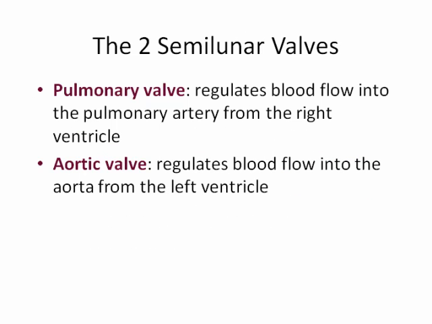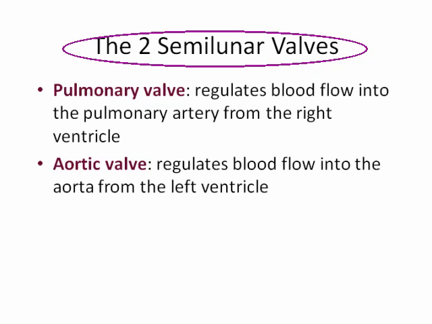The other two valves that make up the four valves that we mentioned are the semilunar valves, and these are positioned in areas where the blood is exiting the heart.